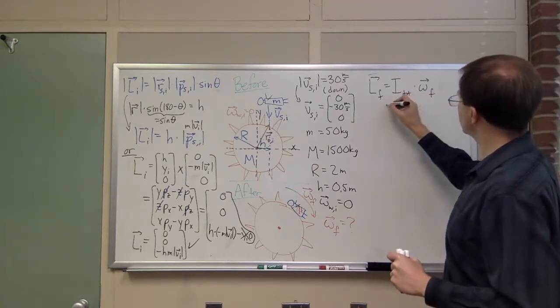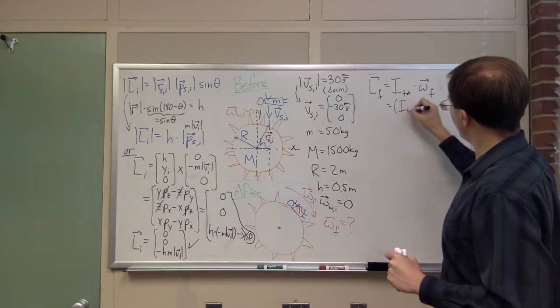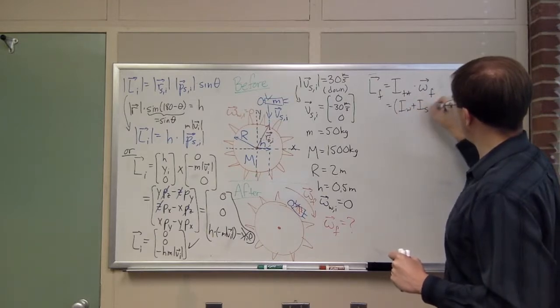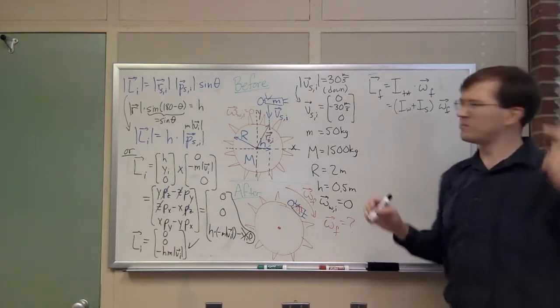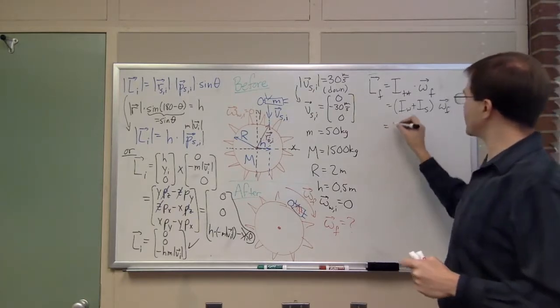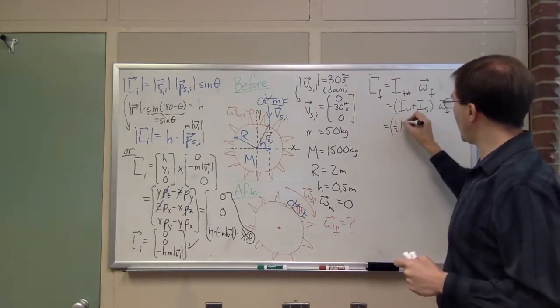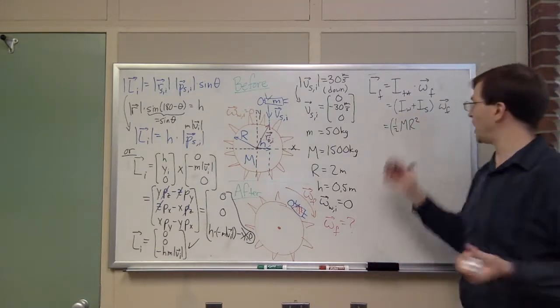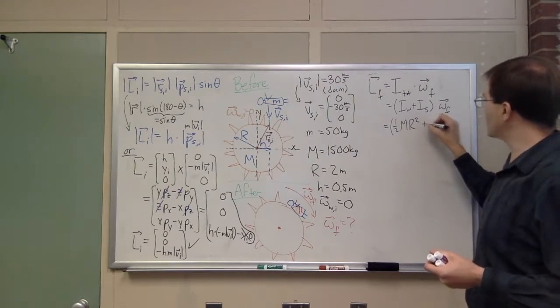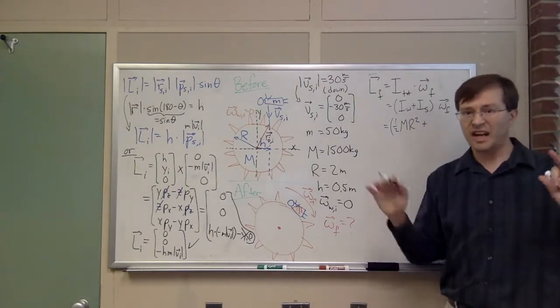I total is just I of the wheel plus I of Saruman stuck to the wheel times omega final vector. And so what are those moments of inertia? Well, for a solid disk, 1/2 m r squared is the moment of inertia of a solid disk. For Saruman we're treating him as a point particle, kind of iffy.